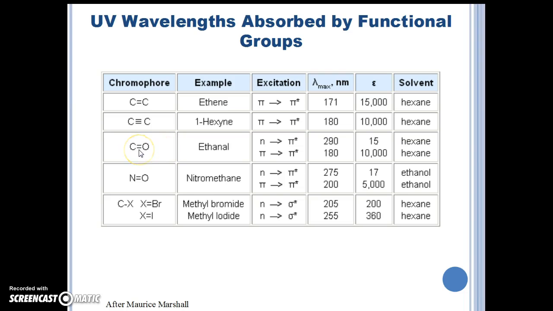The carbon-oxygen double bond, as in ethanal, is from, again, the normal to the excited, or antibonding pi, and then you've also got a pi to antibonding pi at 290 and 180. So when you have this, you're likely to see absorbances at these wavelengths.